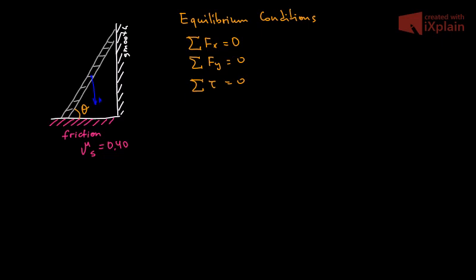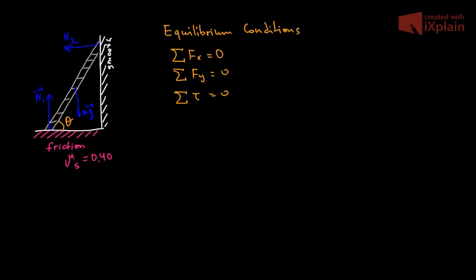This is the mg, and then there is a normal force from the floor, let's call it N1, and another normal force perpendicular to the smooth wall, called N2. And there is also a friction force that goes in this direction.